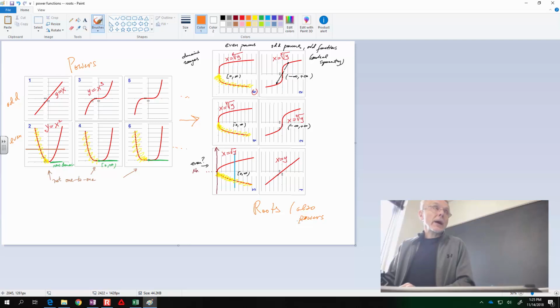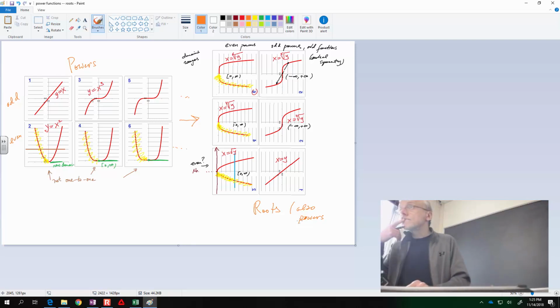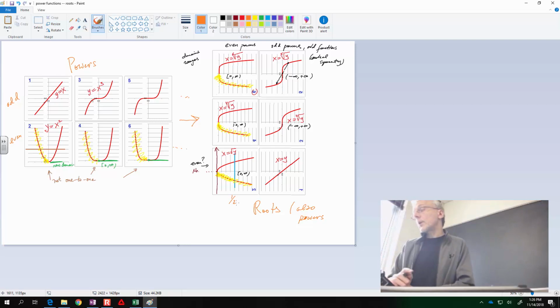You remember how roots are expressed as powers? Square root is what power? 1/2, right? So that's what we're going to explore, treating roots as powers.